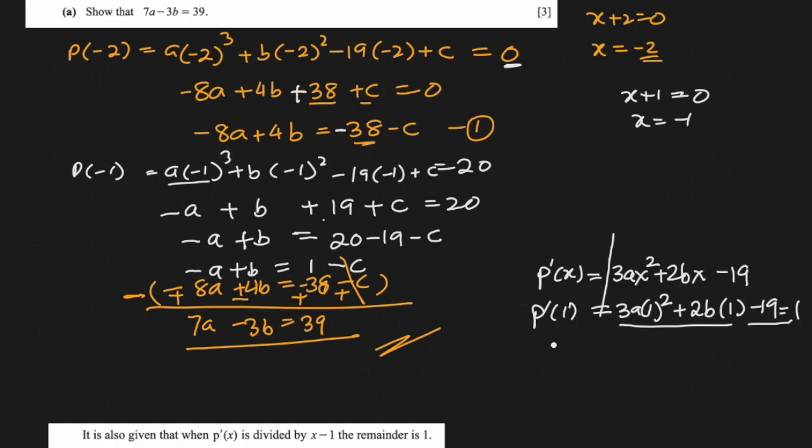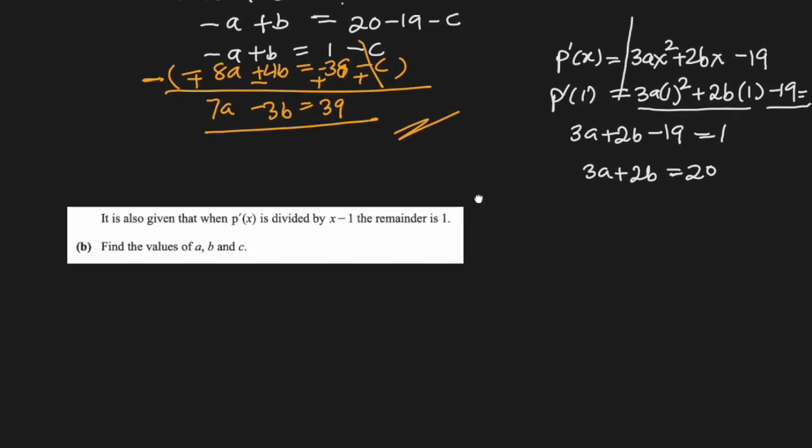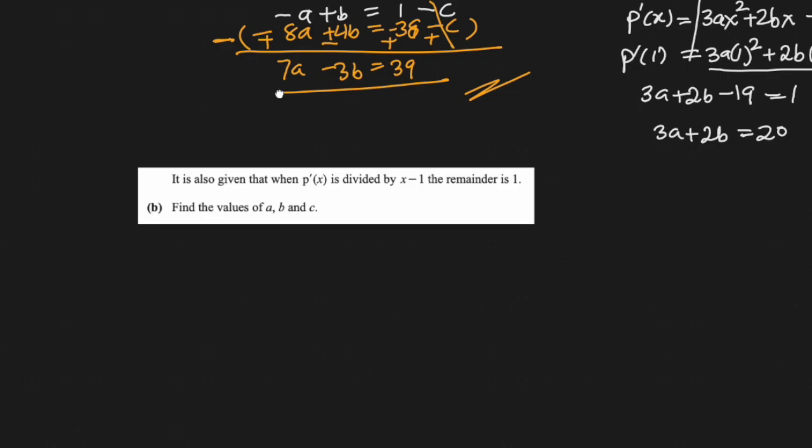It becomes 3a plus 2b minus 19 equal to 1. Minus 19 goes to the other side and it becomes 3a plus 2b equal to 20, which is 1 plus 19. And now we will have to solve these two simultaneous equations.